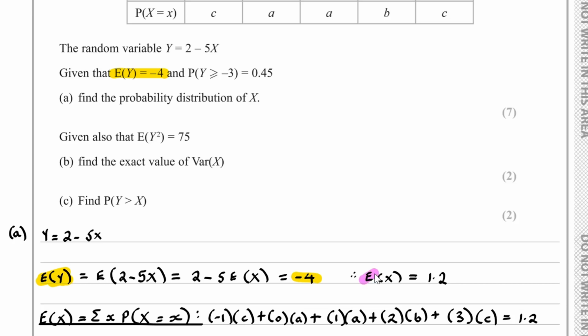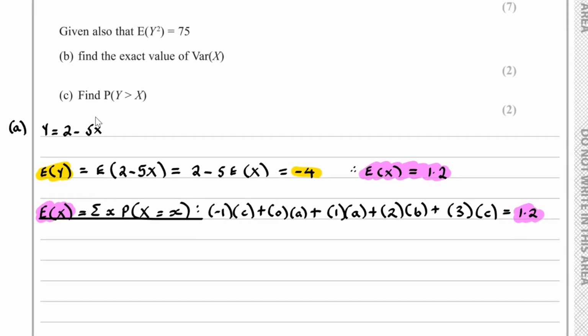Because the expected value is equal to 1.2, this thing is equal to 1.2. So what we can now do from here is form an equation. We have a plus 2b plus 2c equals 1.2. We'll call this equation 1.